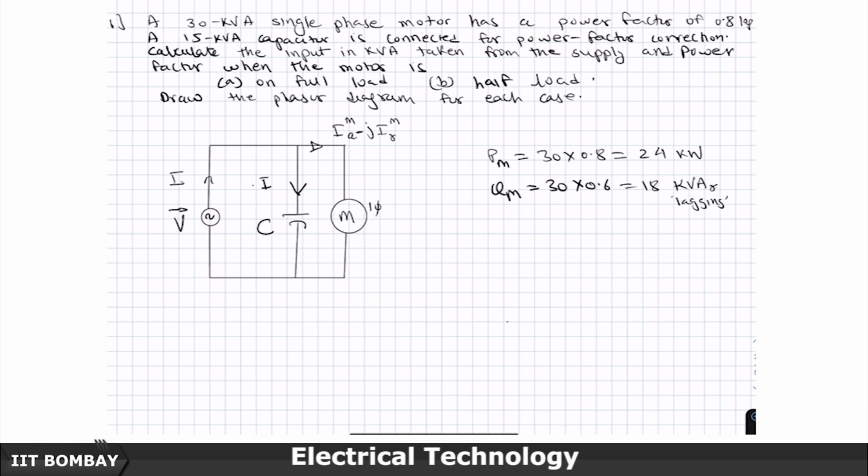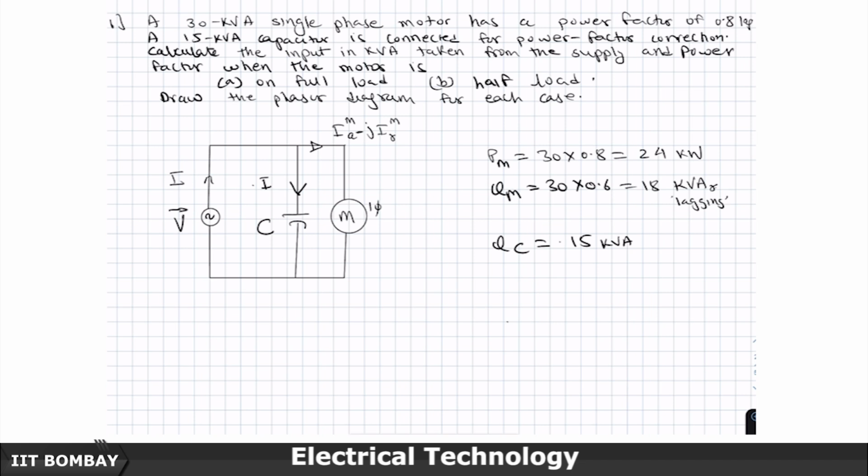A 15 kVA capacitor is connected for power factor correction. This capacitor is connected across this source, for example, a 230 volt source. Since it is connected in shunt, the voltage impressed is going to remain the same. So, therefore, it will always draw a fixed amount of kVA, and that capacitive compensation is given to you to be 15 kVA.